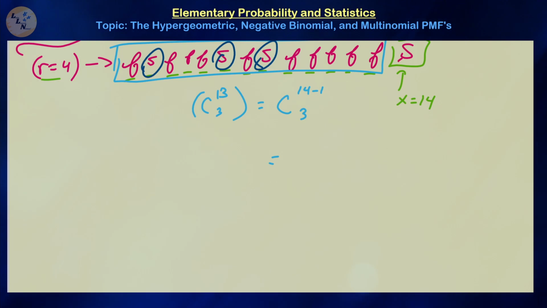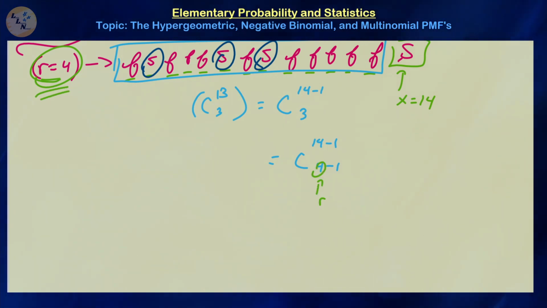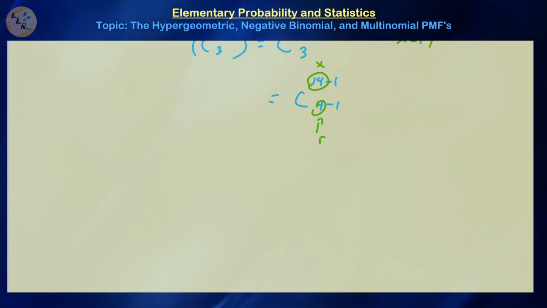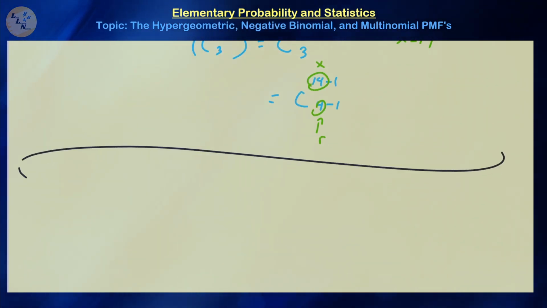And what is 3? Well, 3 is 4 minus 1, because technically we are stopping at 4 successes, which is the number of successes we want, r. And 14 is the x value, the number of trials we need in order to get r successes. So using this pattern, we can easily extend this to the general negative binomial distribution.